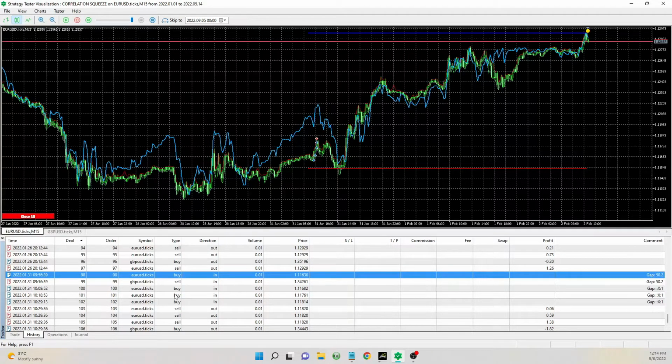It added to the Euro USD position until it overtook the loss of the British pound. Now, obviously, if both of them were coming together, it would close in profit very quickly. But usually what happens with these systems is one trade will start to lose and the other one will start to win. And so what we're doing is adding to the position of the winning symbol until it overtakes the losing symbol and closes out in profit.